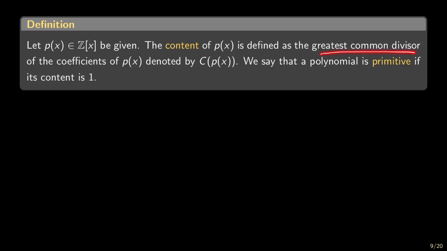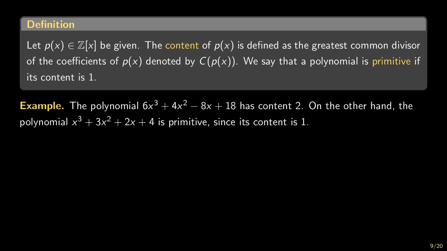The greatest common factor of all the coefficients of p of x is denoted by the symbol c of p of x, and it is called the content of the polynomial. If the GCD of the coefficients is 1, meaning they are relatively prime, then the polynomial is said to be a primitive polynomial.